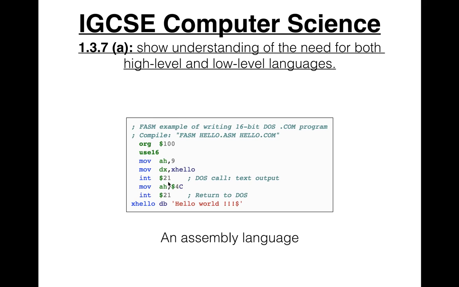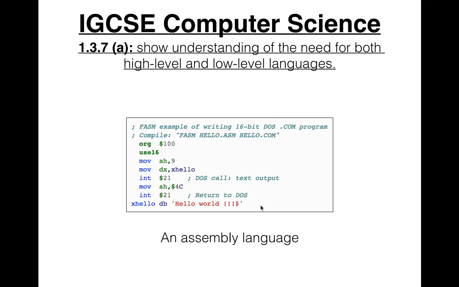So this is an assembly language. As you can see, we can recognize some words like mov, so move, int, integer, and so on. But it's in a format where we're just like, what is AH? What is DX? These things right here, by the way, are comments.